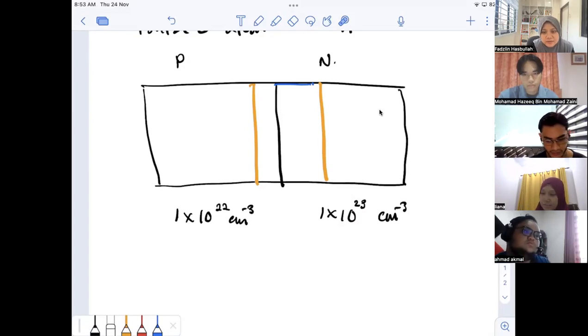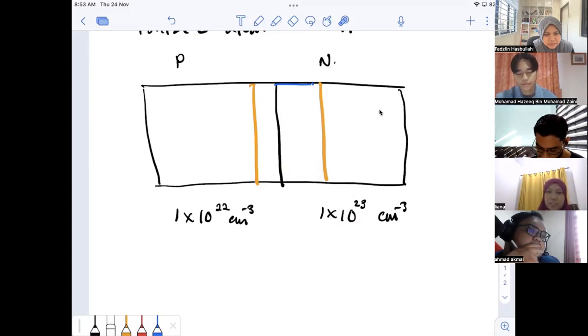Because the region of N is more than P, the total of electrons is more than P, then they can move freely to the P region and make a narrow depletion region at the P side, as at the N side, sorry.